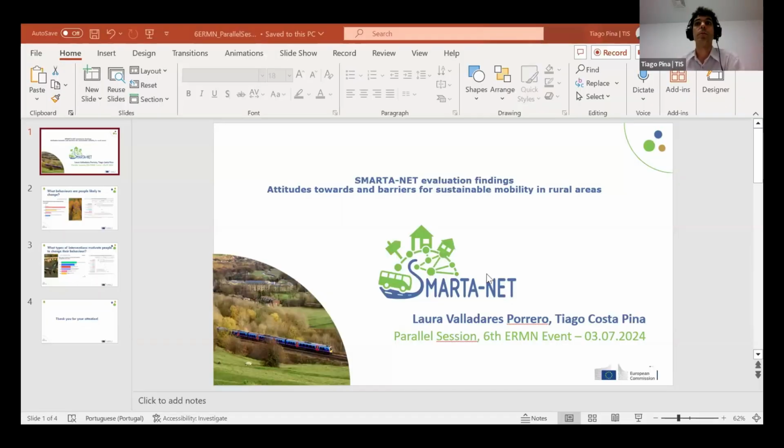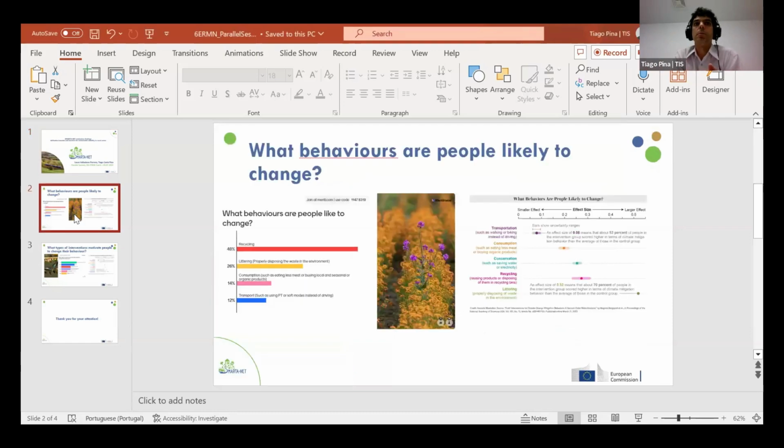Okay, so in room number 4, we discussed the attitudes towards and barriers for sustainable mobility in rural areas. We started with a Mentimeter, asking the participants what behaviors people are likely to change. We had the options: recycling, littering, consumption, or transport.